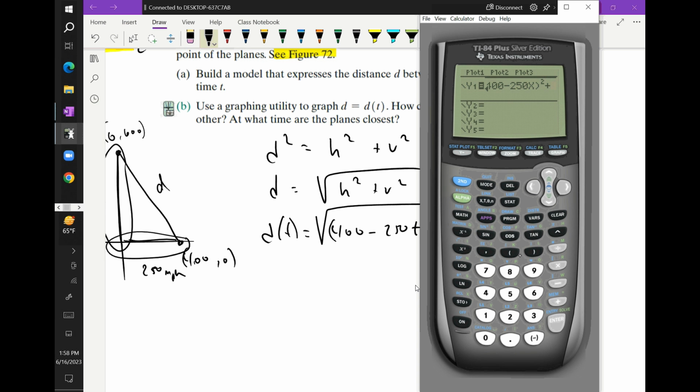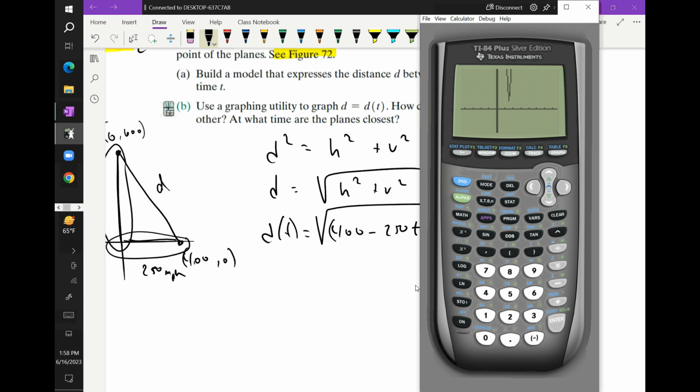Then plus, in parentheses, 600 minus 400x, and then we'll square that also.